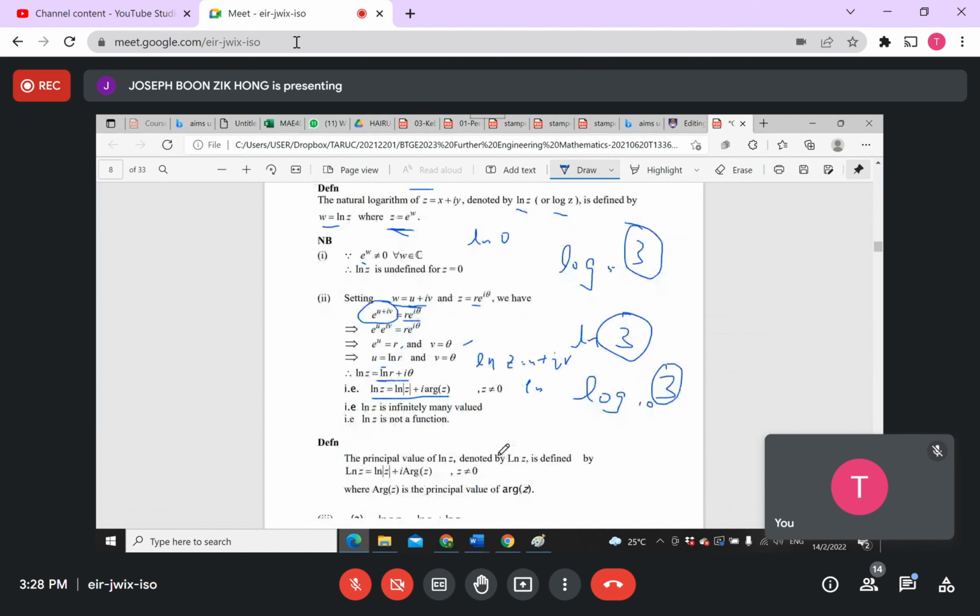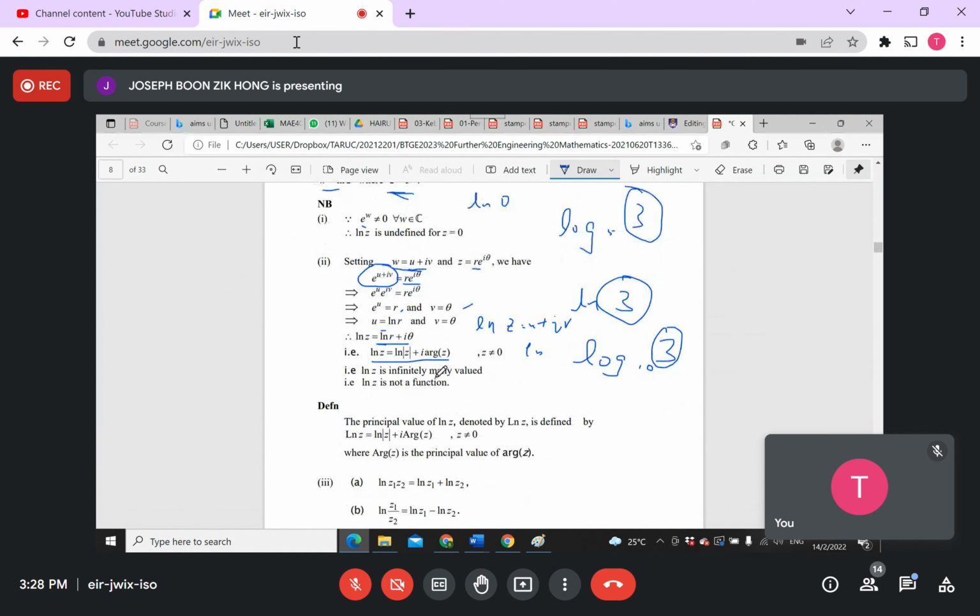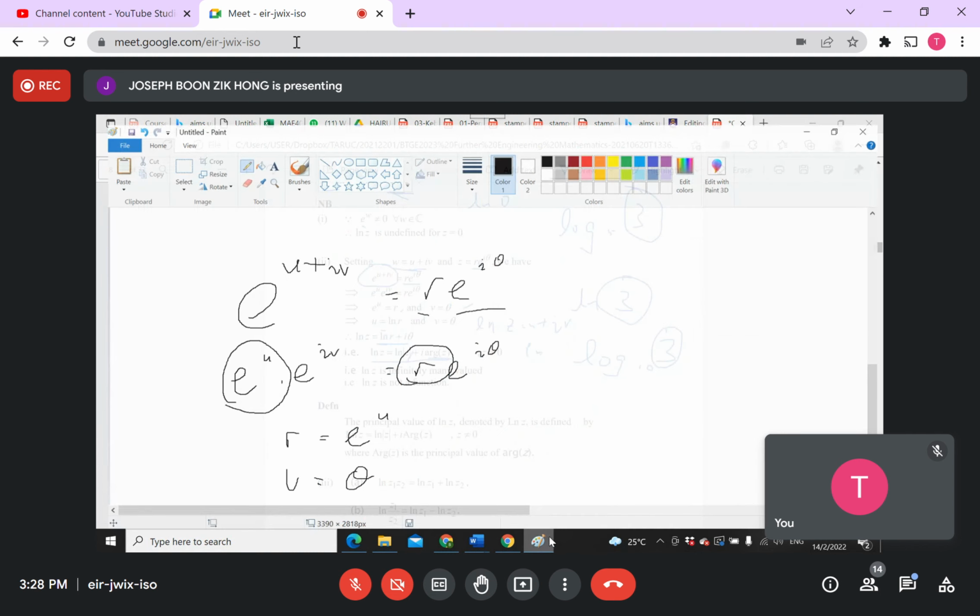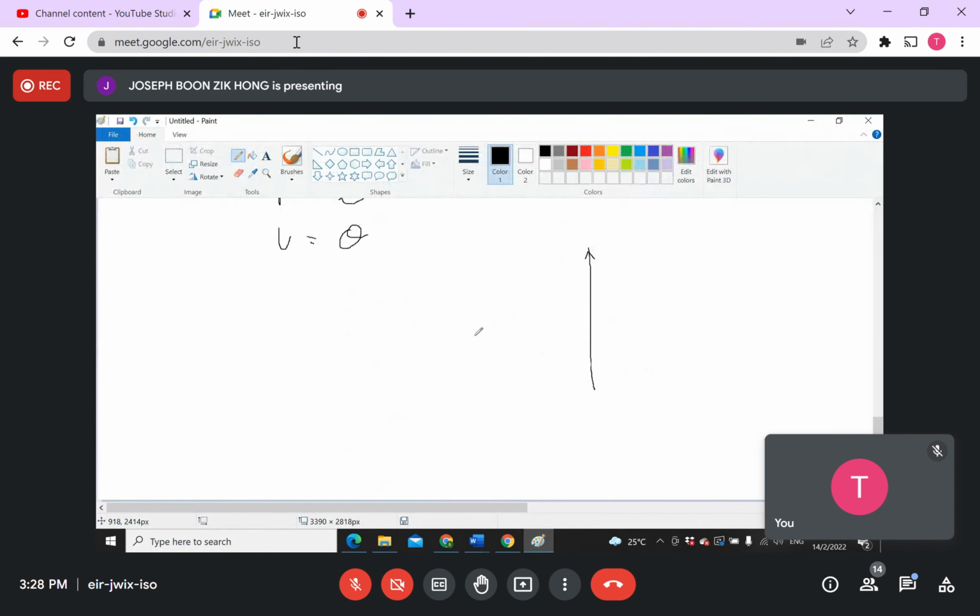Okay, so I continue. Here you have to take note, because ln z is equal to ln of the modulus of z, this one is still okay, only one number, but the argument is something else. When I say argument, let's say I take 3 plus 4i.